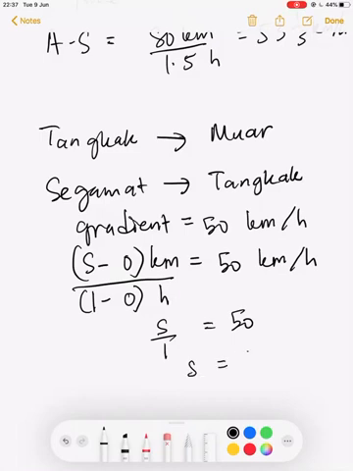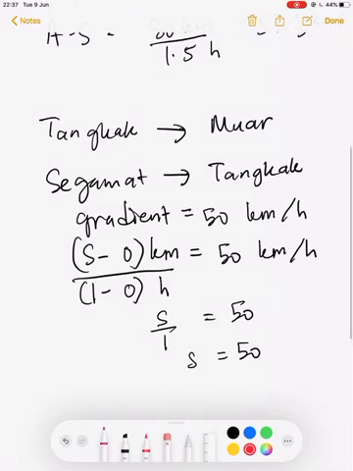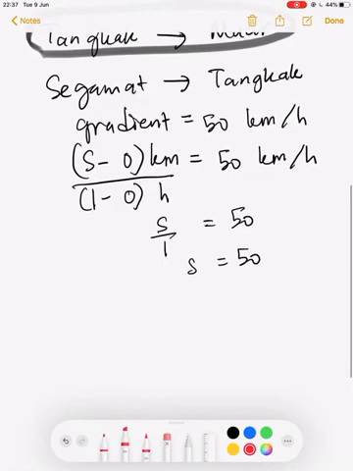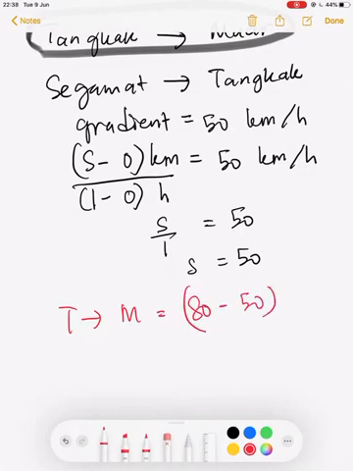S equals 50. Okay, so S is 50. So from Tangkak to Muar equals 80 minus 50 kilometer, which equals 30 kilometer. So that's the distance in kilometer between Tangkak and Muar.